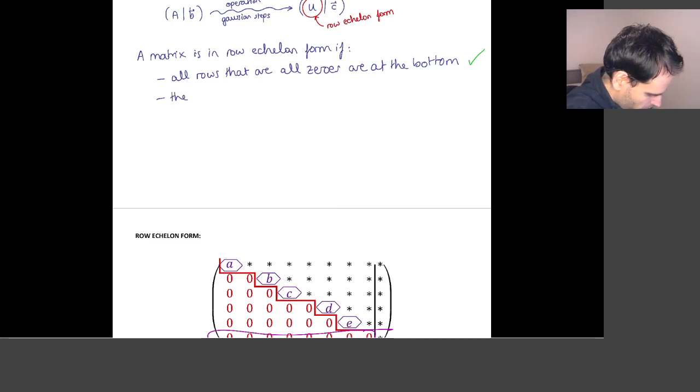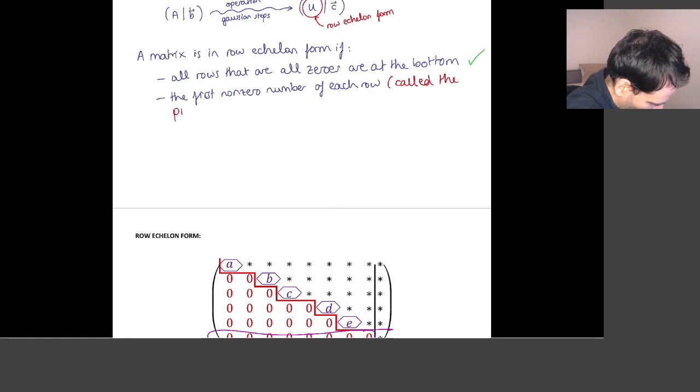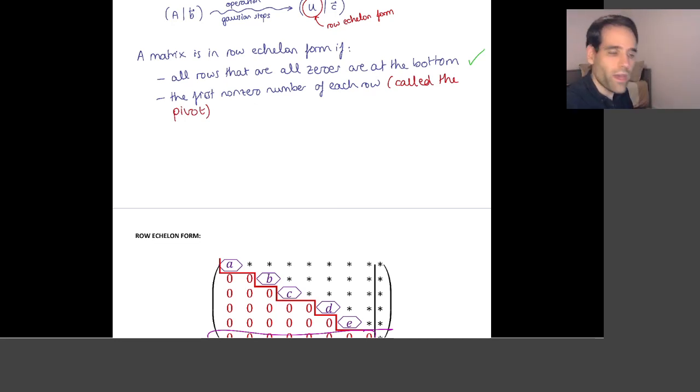The first non-zero number of each row, which is called the pivot, as I told you, is always to the right of the pivots of the rows above.